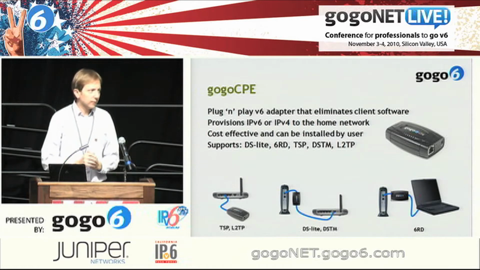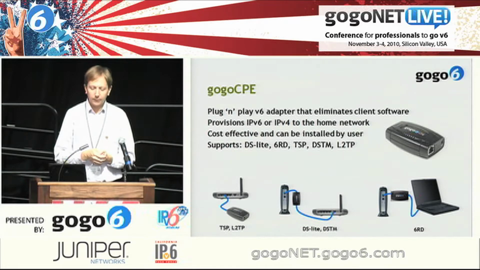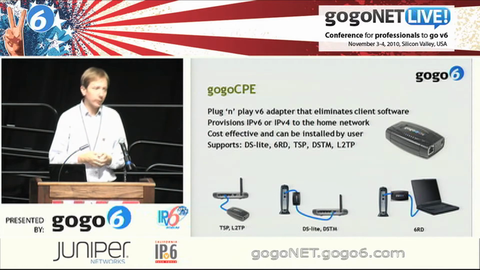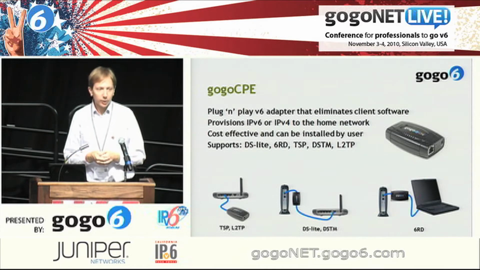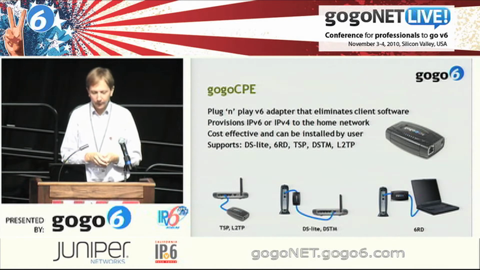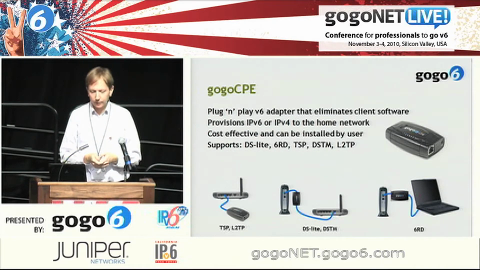The gogo6 comes in a variety of flavors. The basic version, the most popular version right now, is to get IPv6 out in the network, enable your home network to run IPv6, which is the TSP version, or in some cases with L2TP support instead, which is intended to plug into a home network to enable IPv6 in that network.